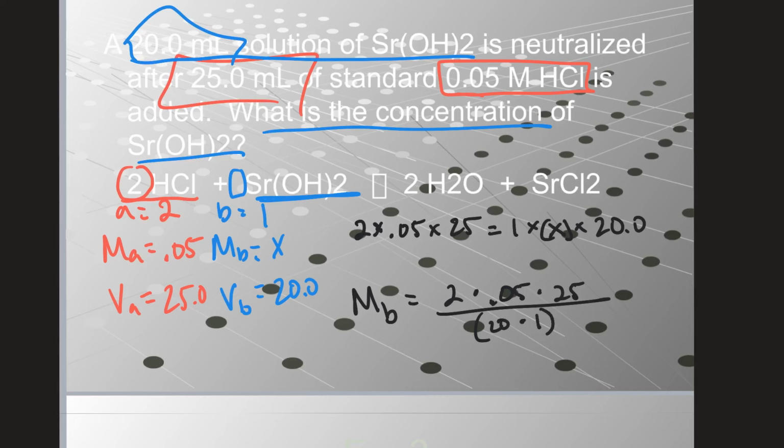This is the setup. When you put this in the calculator, you'll get 0.125 molar. So the concentration of your strontium hydroxide is 0.125.